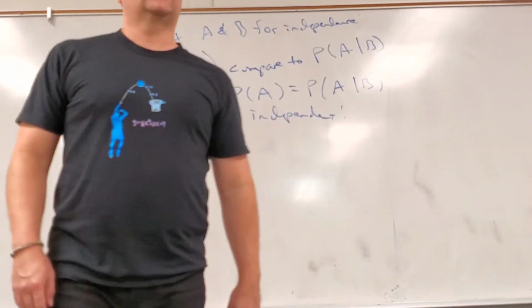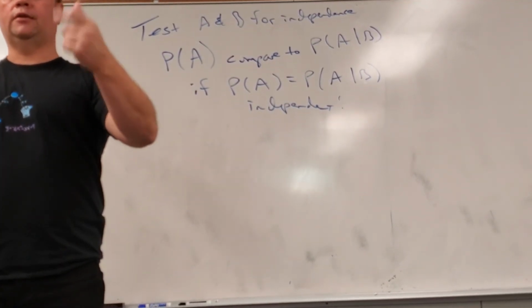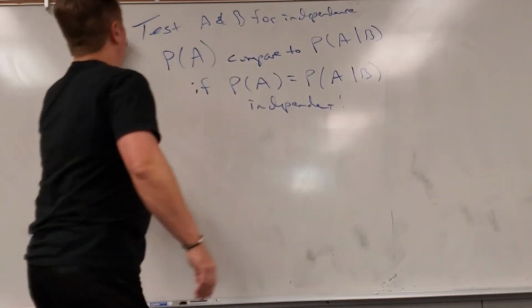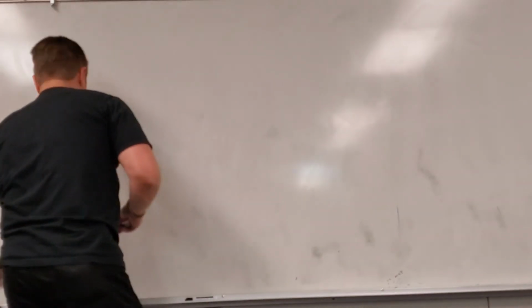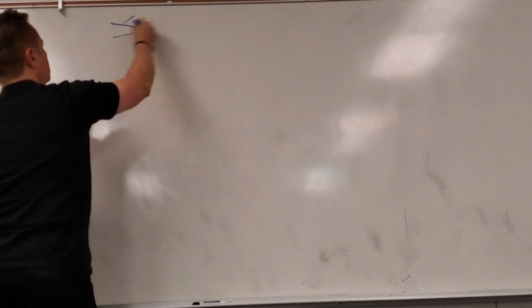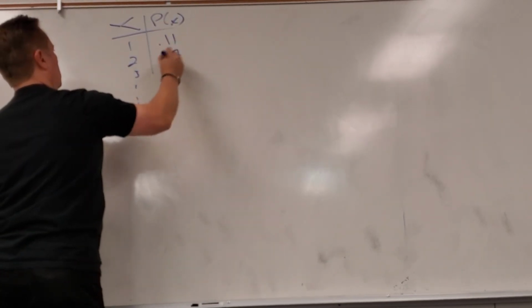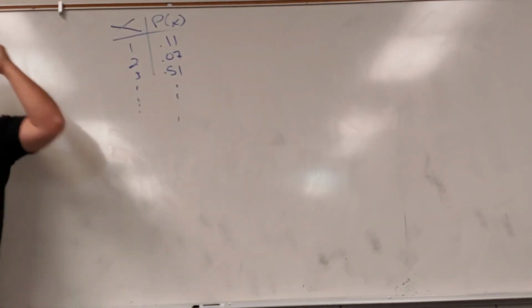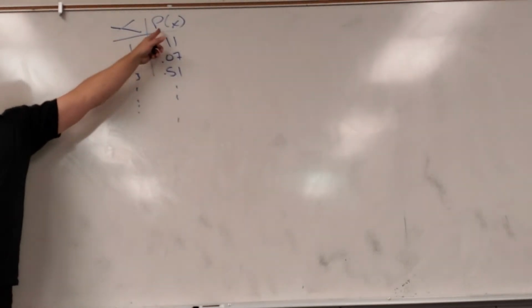Okay. So we actually got through 4.1 and 4.2. So let's do a very quick little review of what we did. I'm not going to redo this because it's all up on the YouTubes. So we have some new formulas. And hopefully it made sense. If I just give you a list of data, I'm going to calculate the average and the standard deviation like we did in chapter 2. But if I give you an x, p of x table, this really is just a relative frequency table, to be honest.